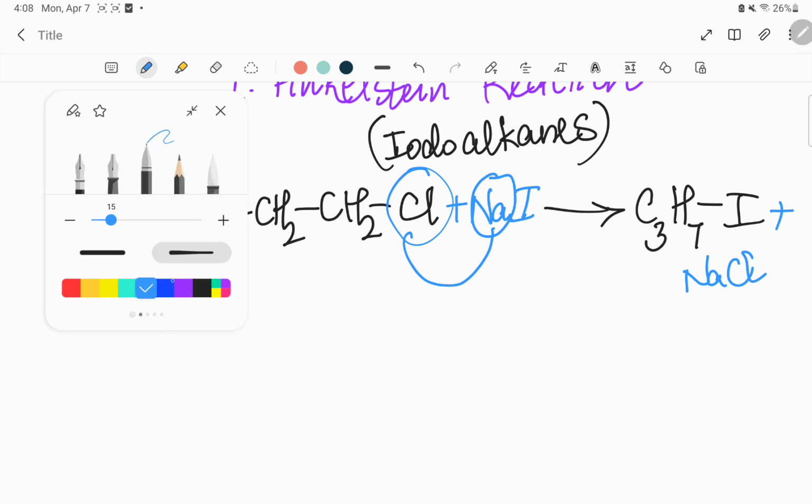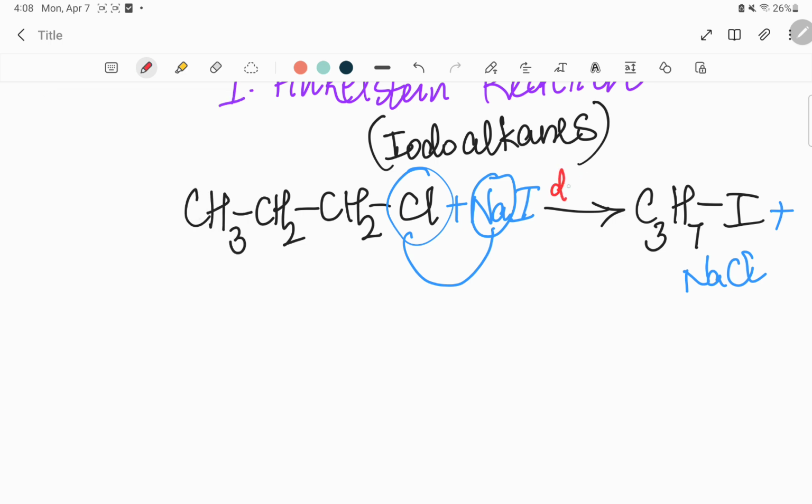One of the most important things here is that we need to mention dry acetone. Dry acetone medium is very important for this reaction because it helps in the precipitation of NaCl or NaBr according to Le Chatelier's principle.